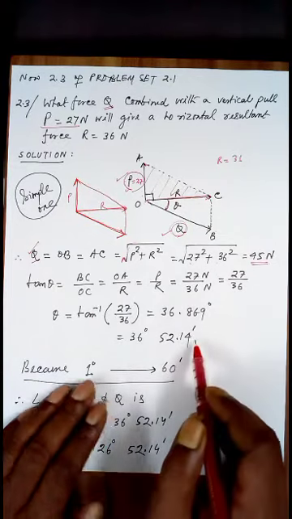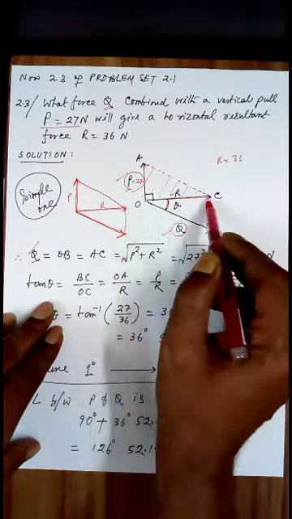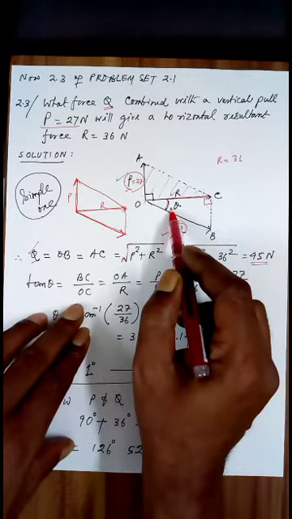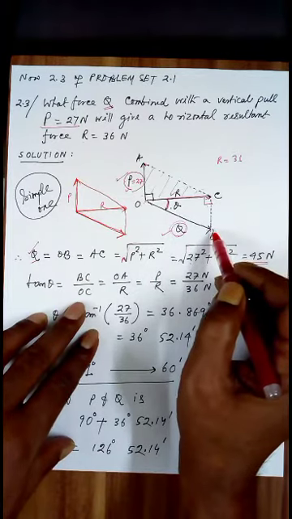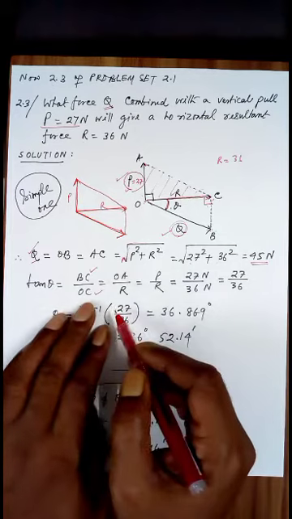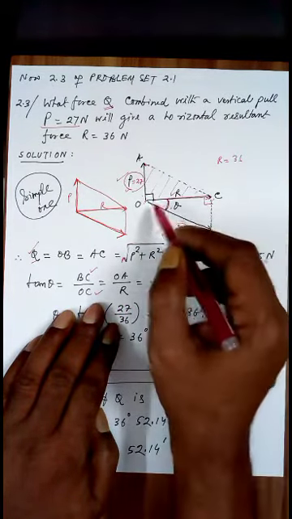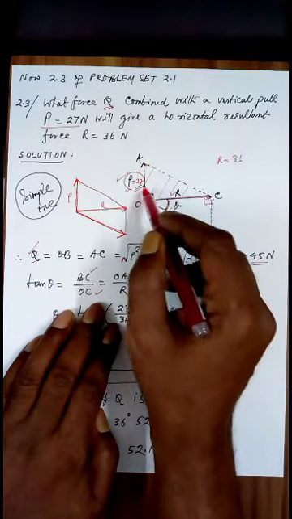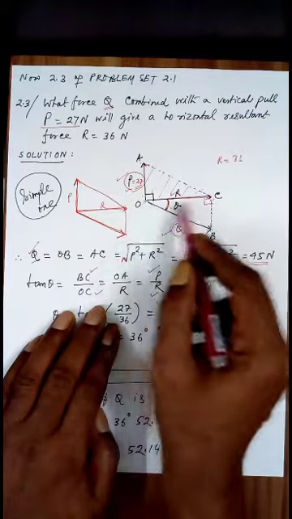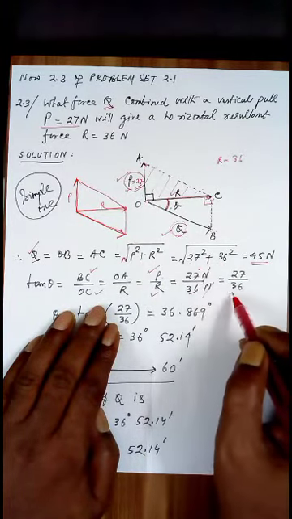Now let this angle be theta. So in this triangle BCO, tan of angle theta is equal to perpendicular over base, that is BC over OC. Now BC is of the same length as OA, that is of value 27, that is P, by R, because OC is R. The value of P is known, R is known, Newton cancels, so 27 by 36.